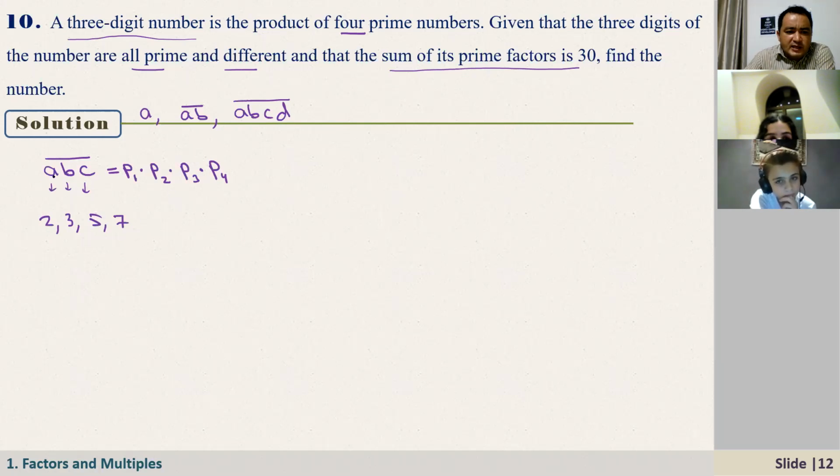No, because A, B, C are digits. That means that A is either 2 or 3 or 5 or 7. B is maybe again one of these numbers, and they are all different. And the sum of its prime factors is 30. Find the number.